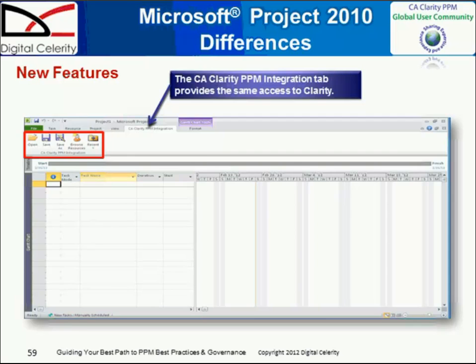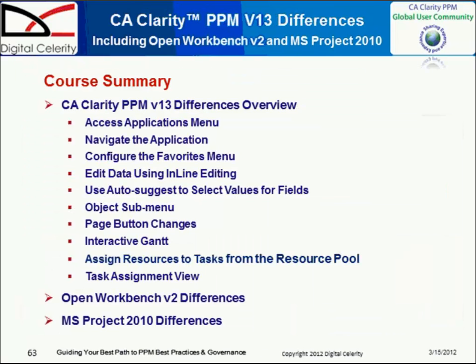So just to conclude, I covered today the major changes that have occurred from version 13, the access, the application menu. We looked at how to navigate the application a bit and some of the changes there.